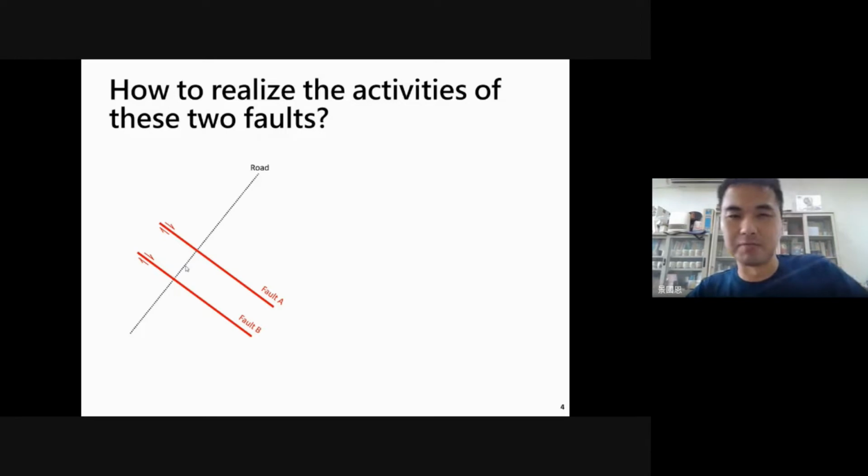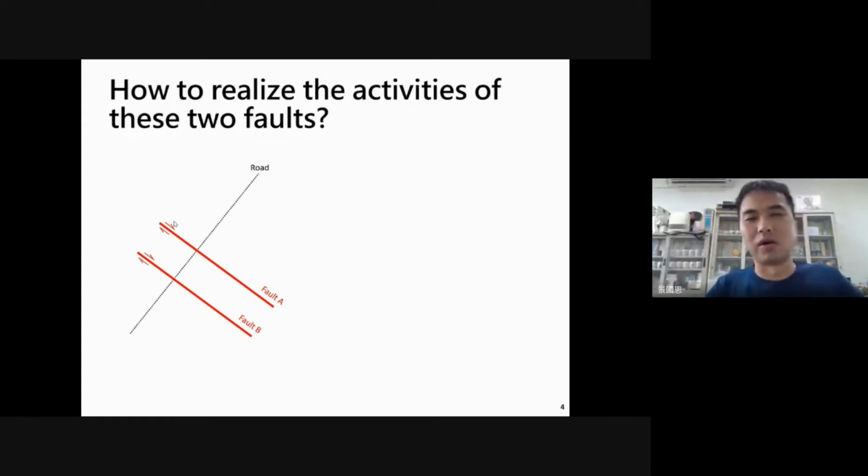A very, very simple way, for geodesy, the easy way to detect the activities of these two faults is just to install GNSS stations or use InSAR to detect the movement of these two faults.